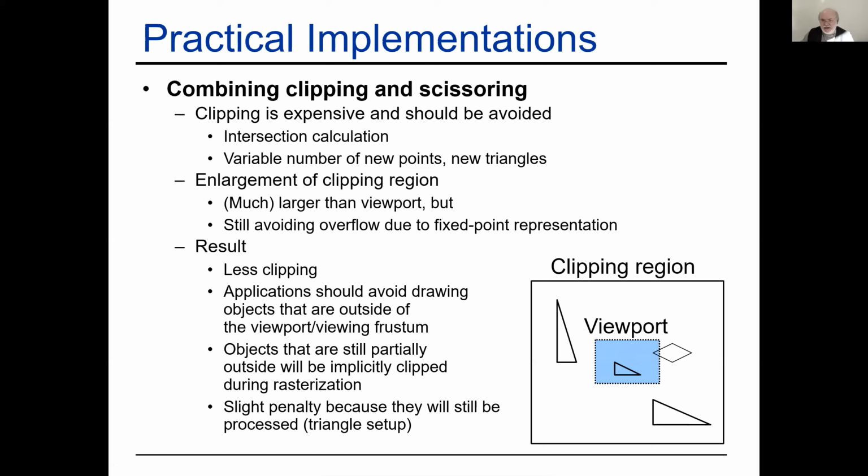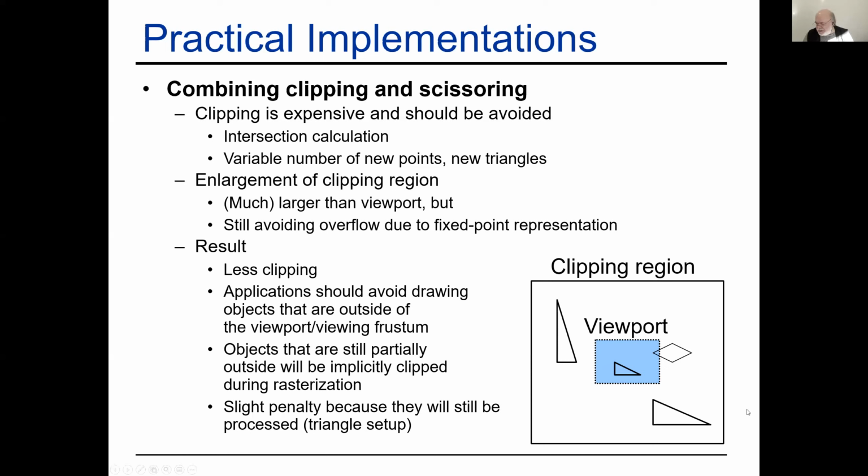And now I'm not clipping against the viewport, but I'm actually clipping against the area that can be represented, which is now much larger. What happens if you do that? Here, these triangles should actually represent entire objects. For some of these objects, the application can figure out that they will not end up inside the viewport, and it will not submit that geometry, and I don't need to do anything.